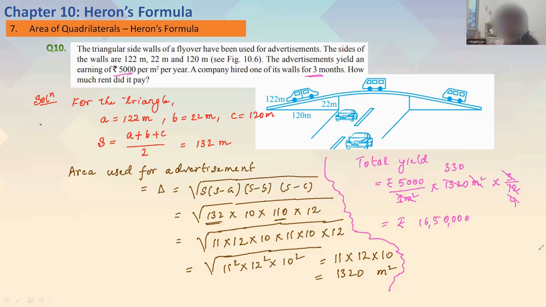You want to make a table out of it: yield for 1 month, yield for 1 year, that is 12 months. 5,000 multiplied by 1320, right? So what is the yield for 1 month? That's going to be divided by 12, and then for 3 months, right?